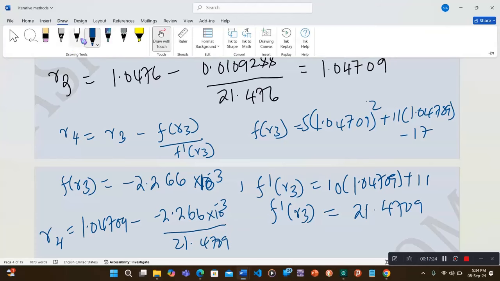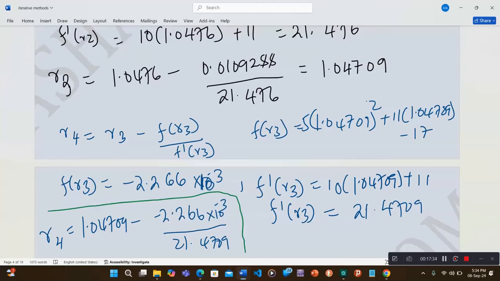If we use our calculator, we have negative 2.266 exponent negative 3, we divide by that value, and then we get 1.04709 minus this value.